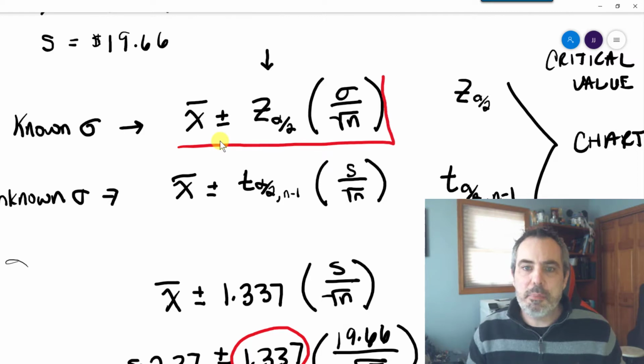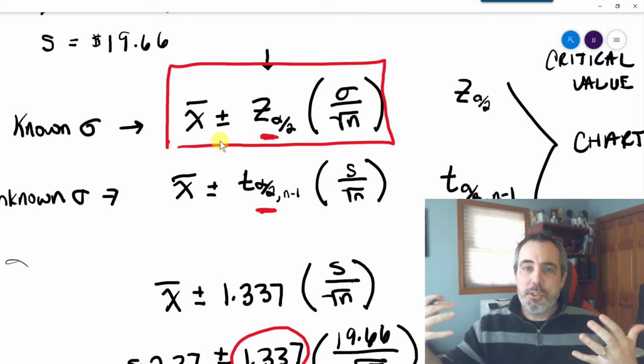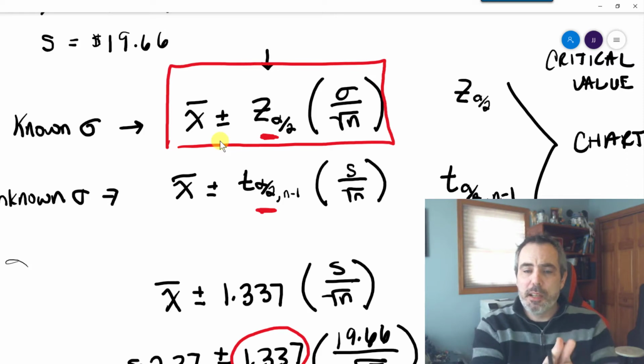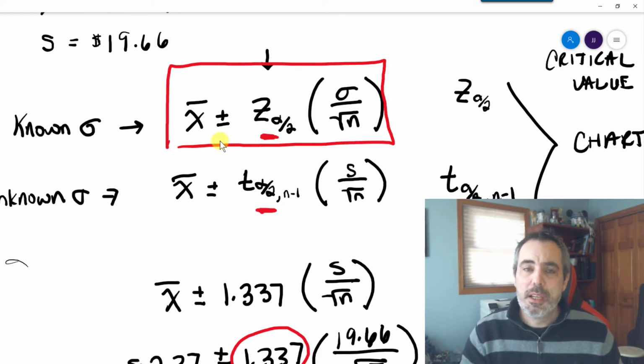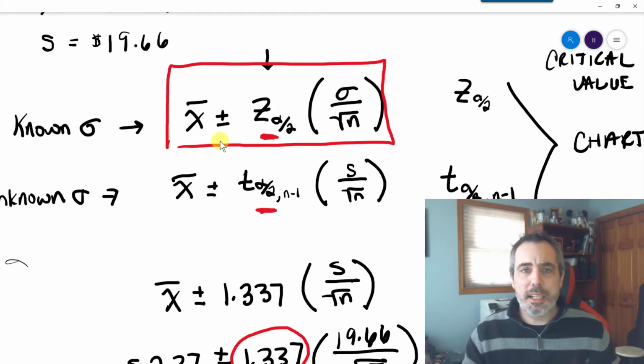It's the same process. You just have a different critical value based on the z-score critical values. The t distribution requires you to use the t chart and find the degrees of freedom for that two-tailed test, and that's where I got the 1.337. So hopefully that will help you do a confidence interval, 80%, 95%, 99%, using a student t distribution.